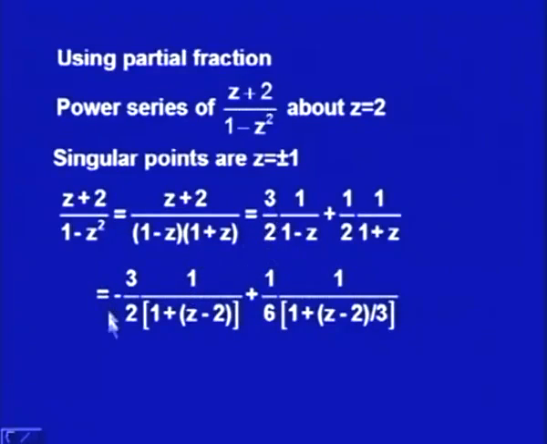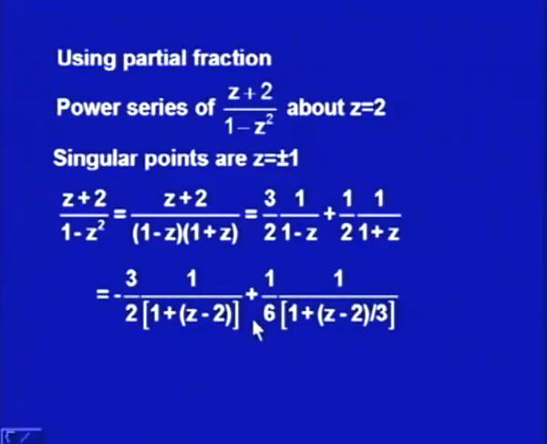So, 3/2 into 1/(1 + (z − 2)). I write this expression as 1 + (z − 2); this is equivalent to 1 − z, and this 1 + z is written as 3 + (z − 2), that is 3 times 1 + (z − 2)/3.